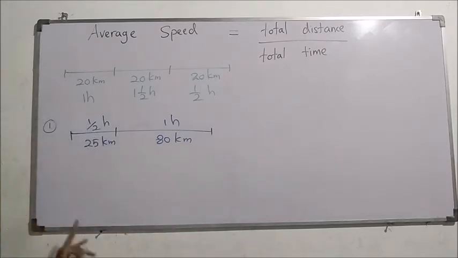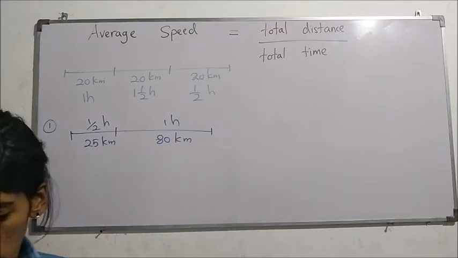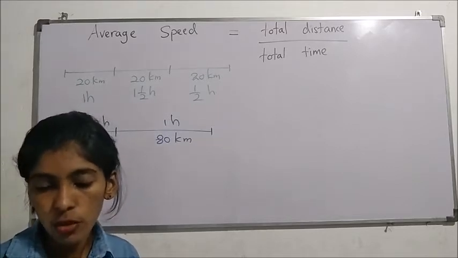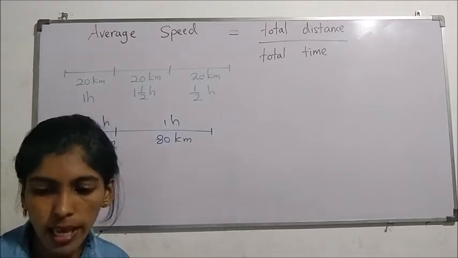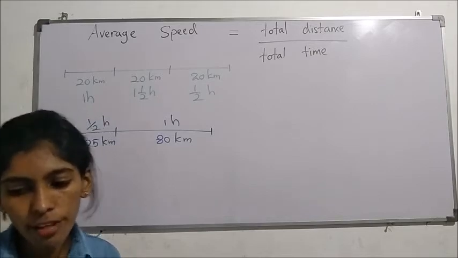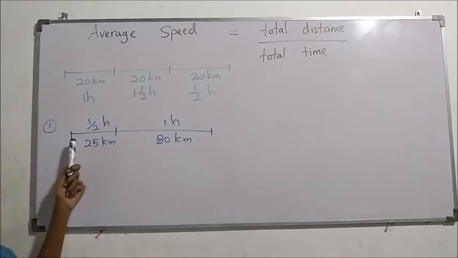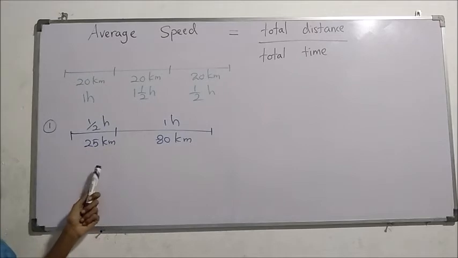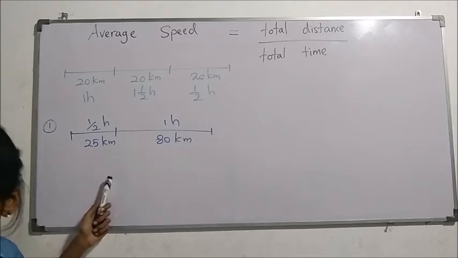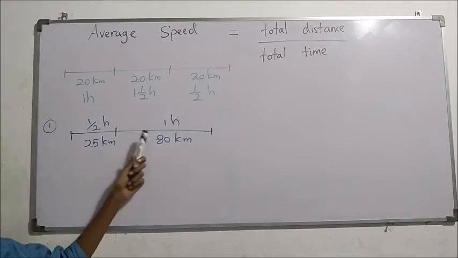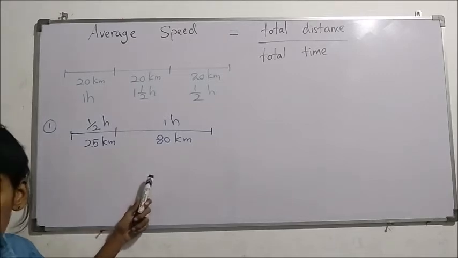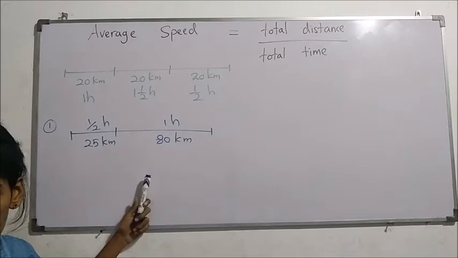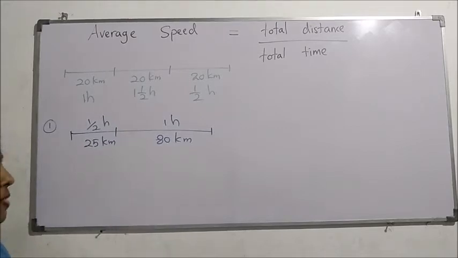Now, as an example, in your textbook you are given a question like this. An intercity bus took half an hour to travel the first 25 kilometers of a journey. If it took the bus 1 hour to cover the remaining 80 kilometers of the journey, find the average speed of the bus.